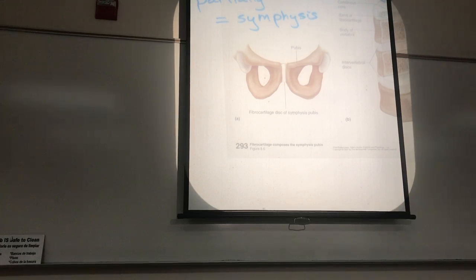The most extreme example of movement in these bones occurs during childbirth. During labor and delivery, hormones are released that will soften the cartilage and allow it to stretch, because the baby's head has got to get through there somehow, all right? So those two pubic bones are going to get pushed apart by the baby's head coming through the birth canal, and typically it doesn't go all the way back to the original position.